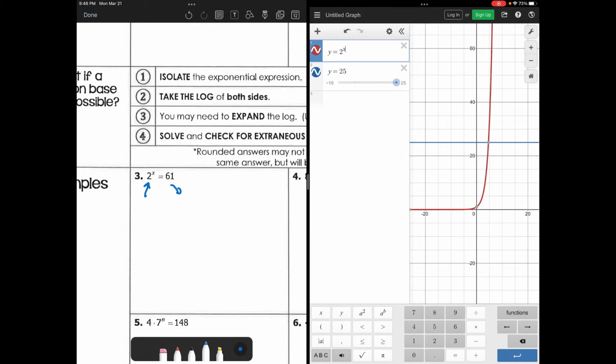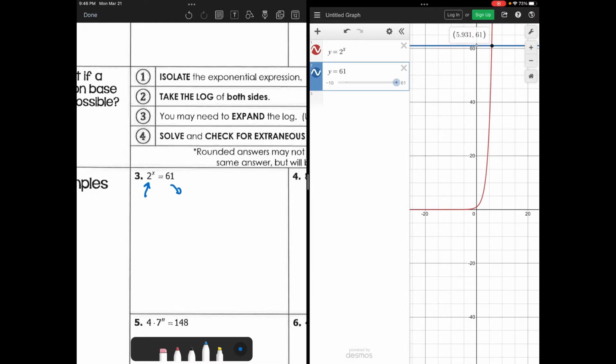Notice it's exponential. The second one would be 61. And its solution is 5.931. That's all you really have to put. So you have x equals on both of these.